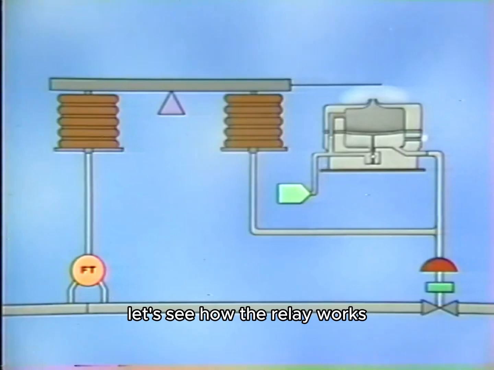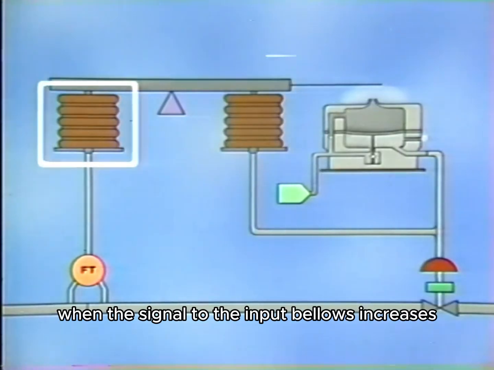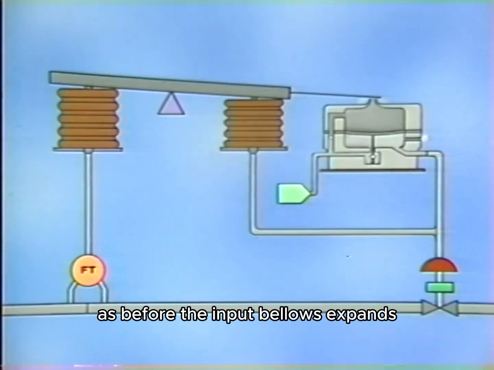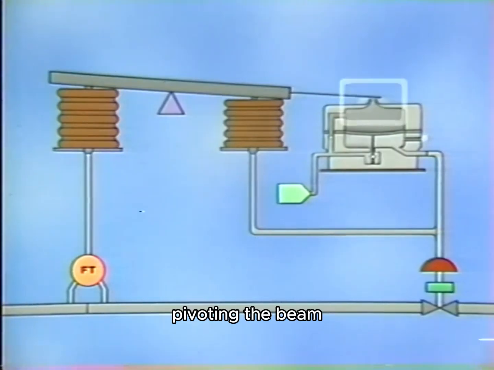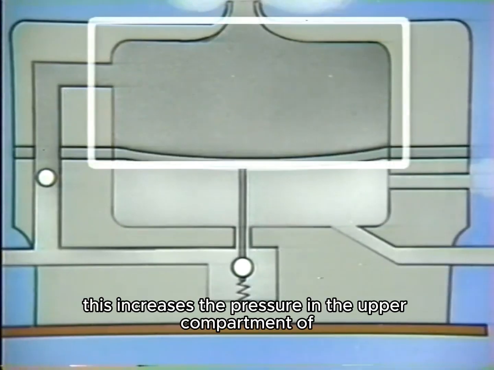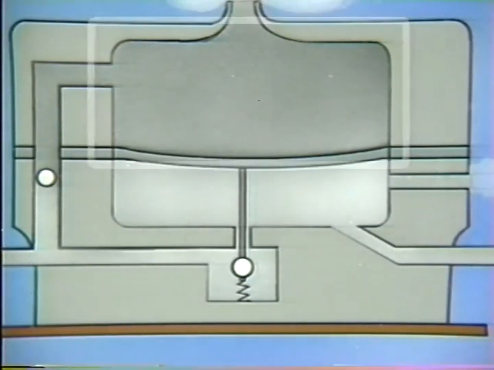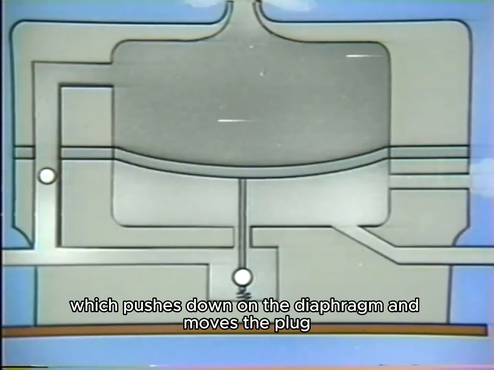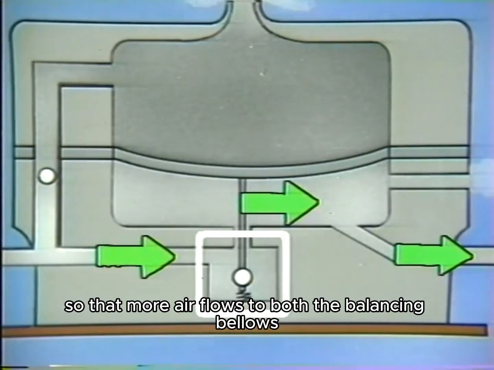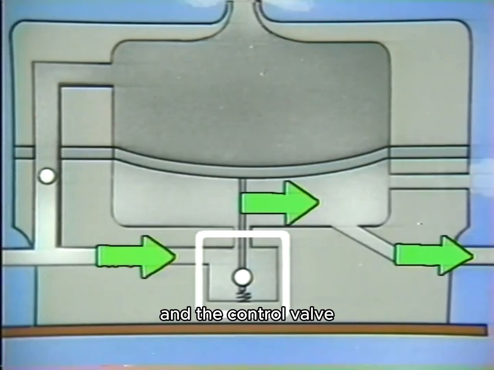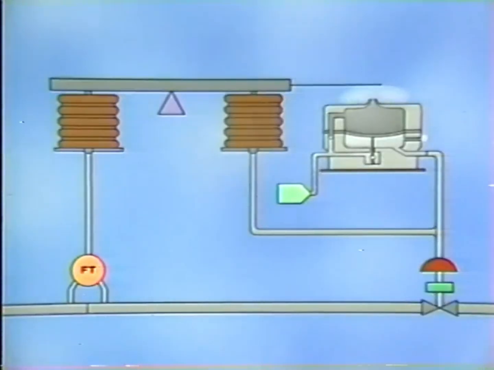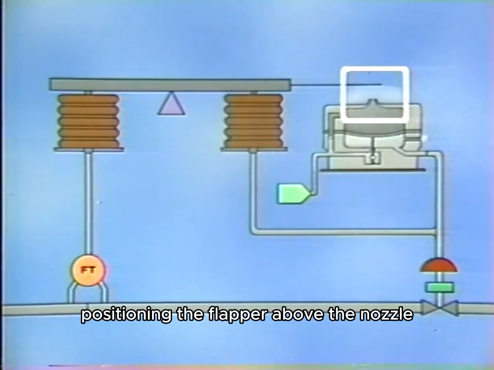Let's see how the relay works when the signal to the input bellows increases. As before, the input bellows expands, pivoting the beam and moving the flapper toward the nozzle. This increases the pressure in the upper compartment of the relay, which pushes down on the diaphragm and moves the plug so that more air flows to both the balancing bellows and to the control valve. The balancing bellows expands, positioning the flapper above the nozzle.